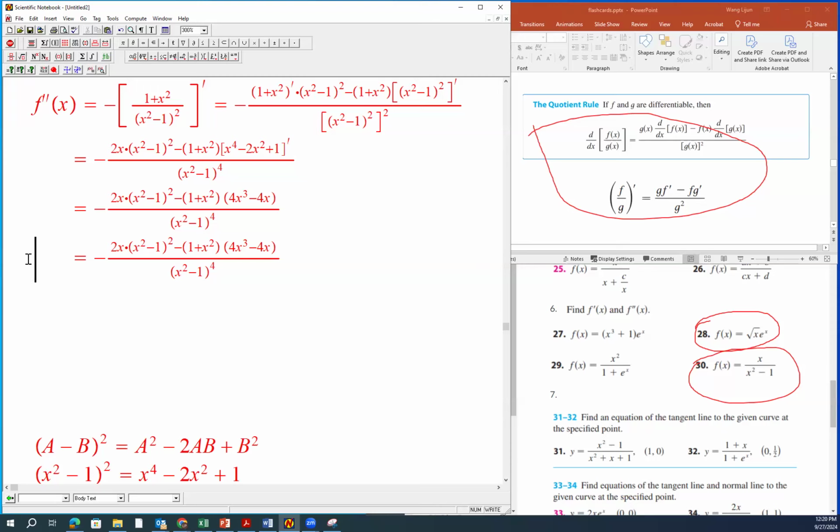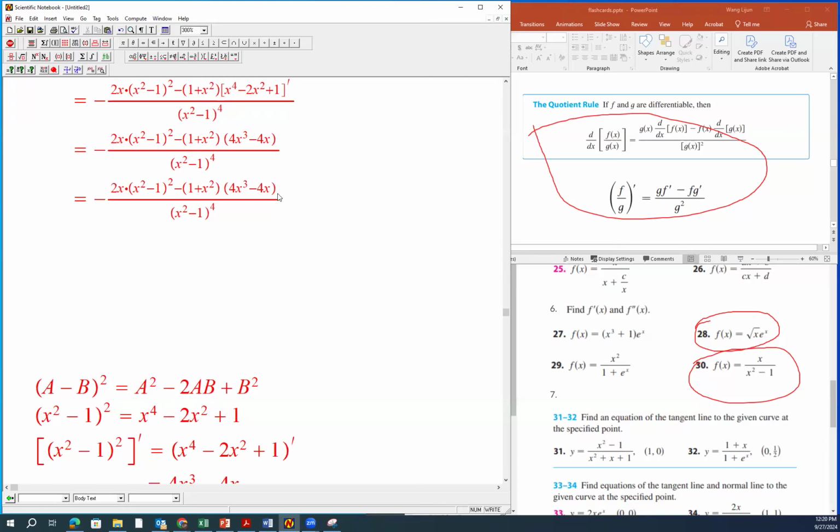Okay. So how are we going to simplify this? The simplest way is to FOIL this. Before we FOIL this, I see this part, and I realize I can factor out the 4 times x.